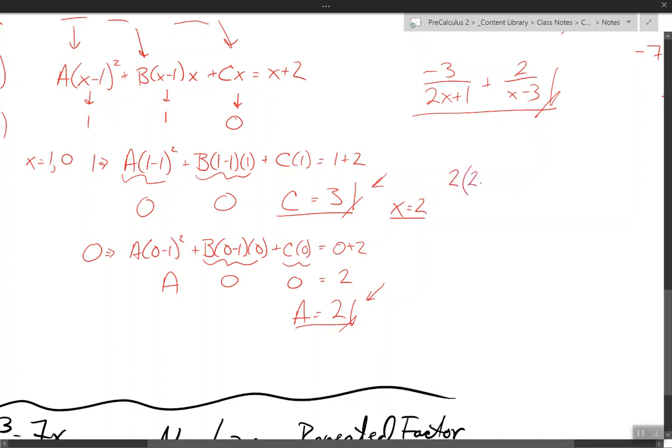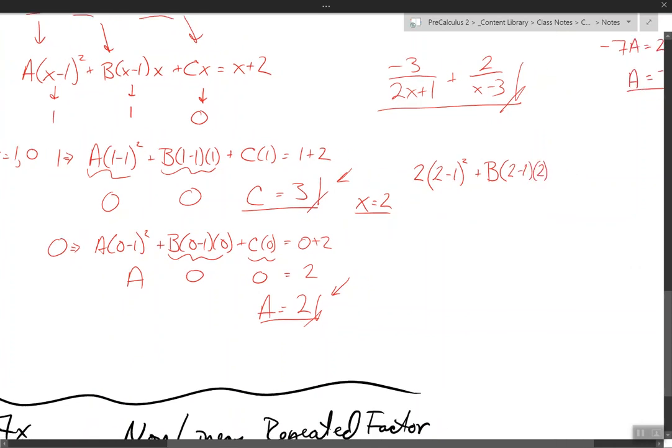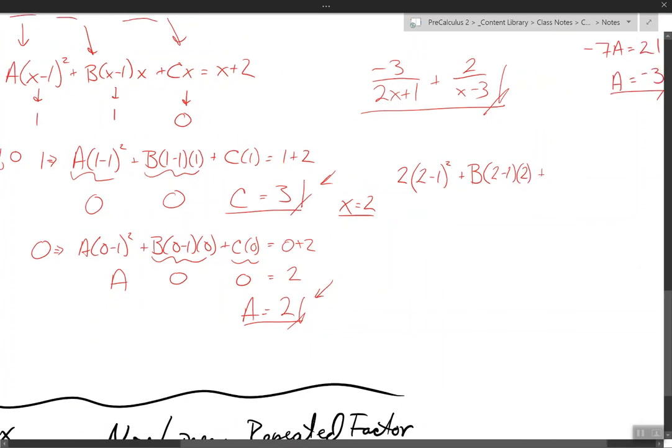The x we pick is 2, minus 1 squared, plus b, which is what we're trying to solve for. The x that we picked is 2, minus 1. Plus our c that we found is 3. The x that we're picking is 2. Equals 2, the x that we picked, plus 2.